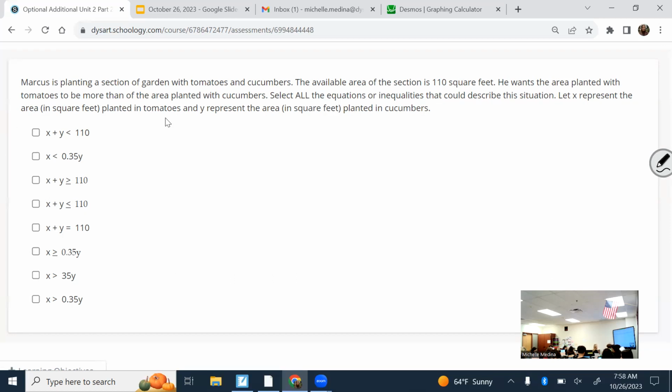Let X be area in square feet of planted tomatoes and Y be area in square feet of the cucumbers. So lots of info there. It wants you to select all the equations or inequalities that could describe the situation. So basically your constraints. What is limiting in this word problem?